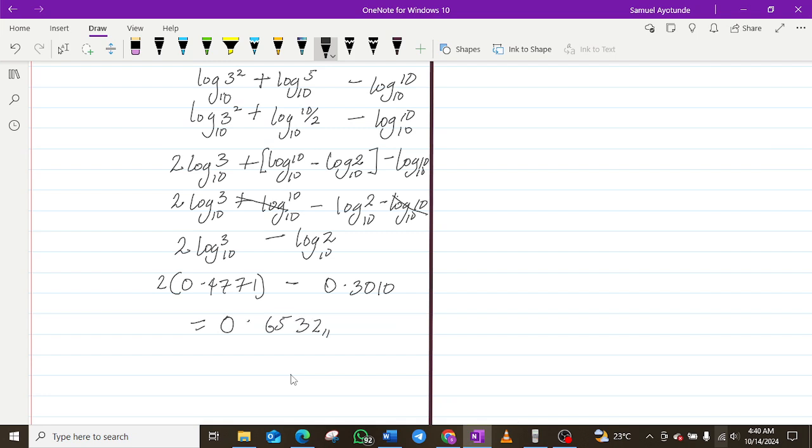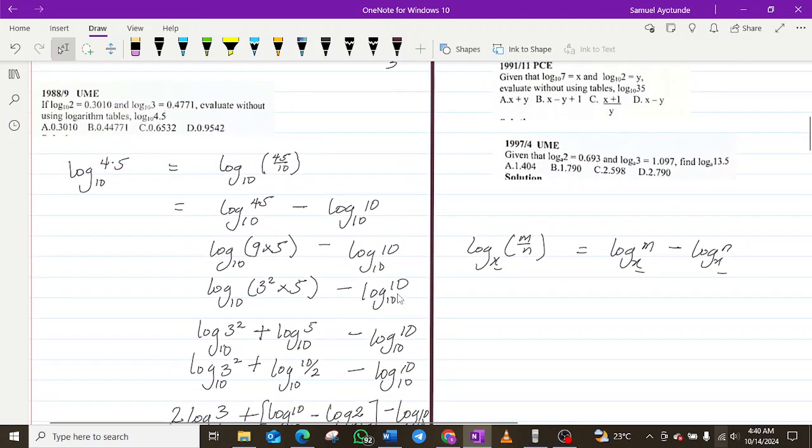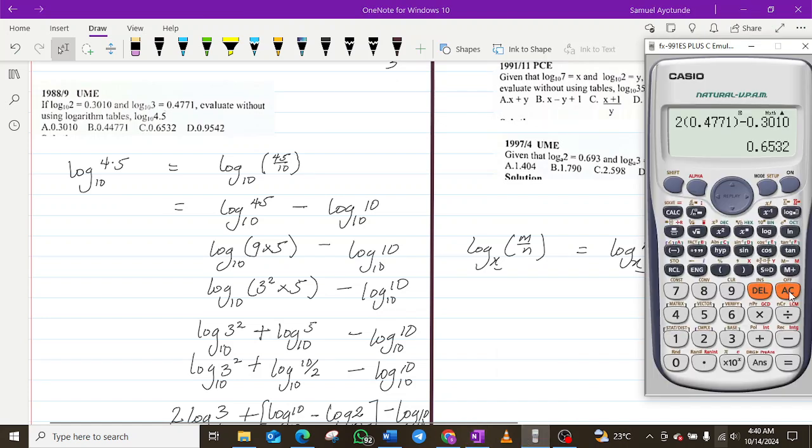Now to confirm if your answer is right or wrong, if you go ahead and press log 4.5 base 10 on your calculator, you should get either the same answer or something close, because that was what we simplified initially.